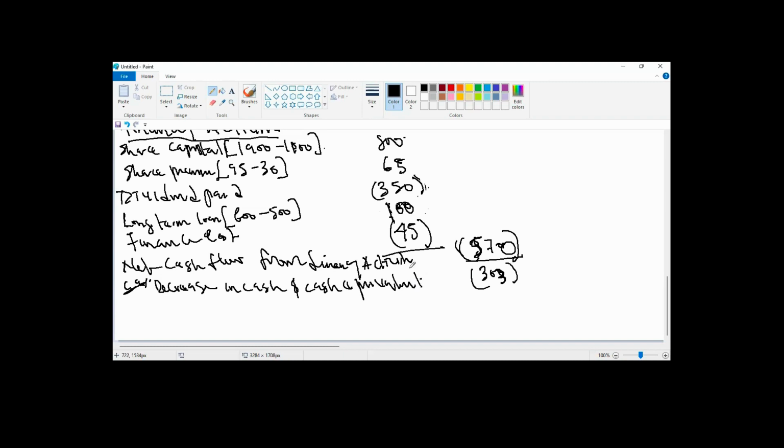The 570 is still supposed to be positive. 570, is it positive or negative? It's positive. Safe. Yes, supposed to be positive.